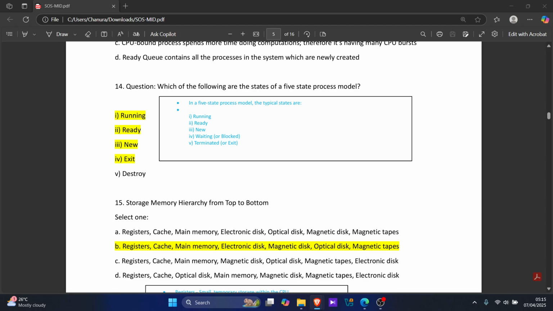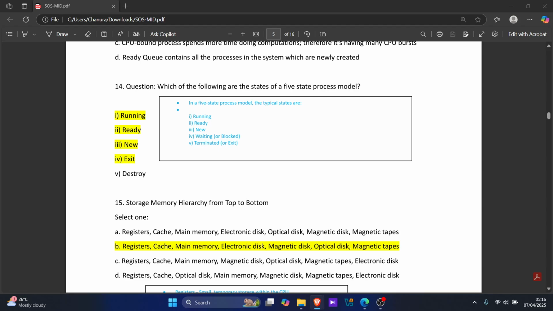Therefore, according to the options given, the correct ones would be new, ready, running, exit, and maybe. But where's the fifth? If the options are new, ready, running, exit, and destroy, but standard 5-state includes blocked, then that's conflicting. Unless in some models, the 5th state is destroy. But I don't think that's the case.